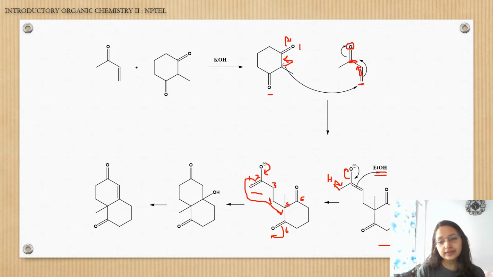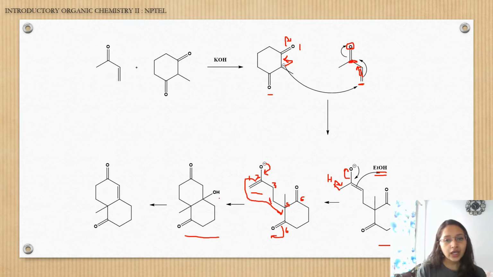Either this double bond can attack on this carbonyl carbon, or it can attack on this other carbonyl carbon. You will end up with the same species only because it is a symmetrical molecule, right? So this kind of system is getting generated after the attack of this double bond on this carbonyl.